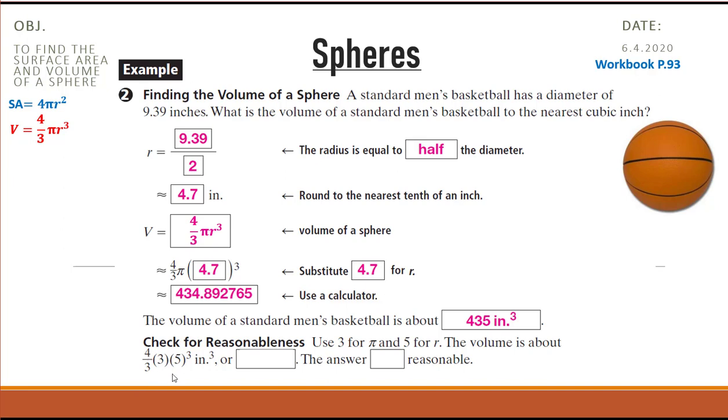So it's 4 multiplied by 5 cubed. 5 cubed is 125. Multiply this by 4, so it will be 500. And the exact answer is 435. So these two answers are near to each other. So the answer is reasonable. Great work, Abdullah.